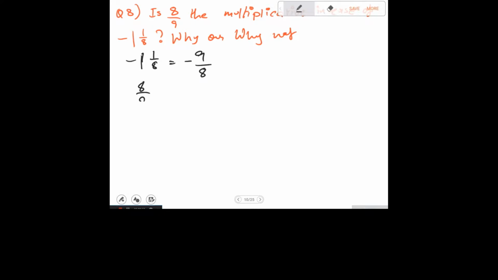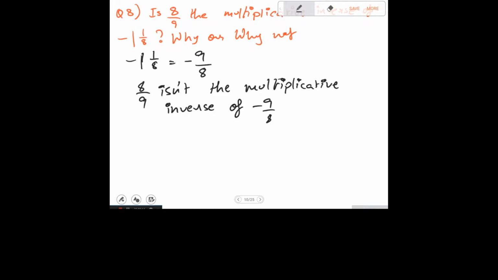So 8 by 9 isn't the multiplicative inverse of minus 9 by 8, as 8 by 9 into minus 9 by 8 gives minus 1. So if you want the number to be a multiplicative inverse, you should get the result as 1, not minus 1.